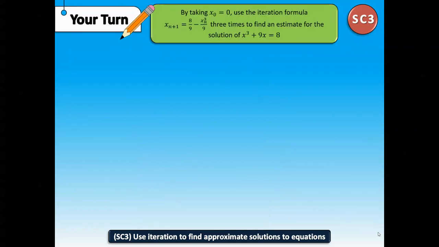Here's a question for you to have a go at. Pause the video, and when you're ready to see what you should have done, press play. So for this question, the question says by taking x_0 as equals 0, use the iteration formula x_{n+1} equals 8 over 9 minus x_n cubed over 9, 3 times to find the estimate for the solution x cubed plus 9x equals 8.